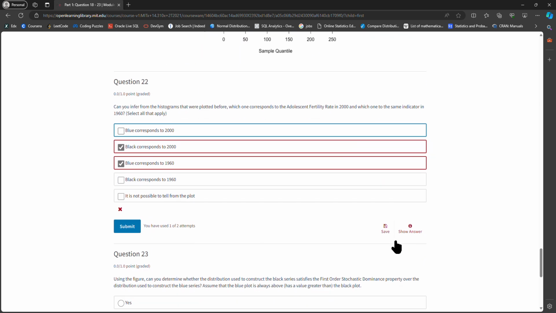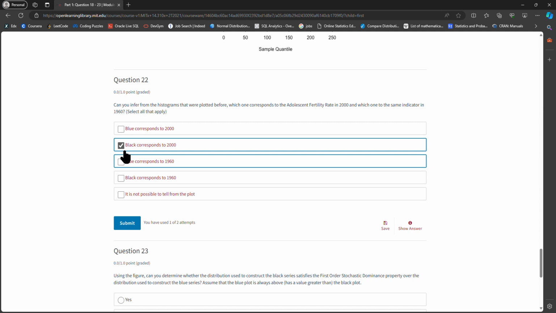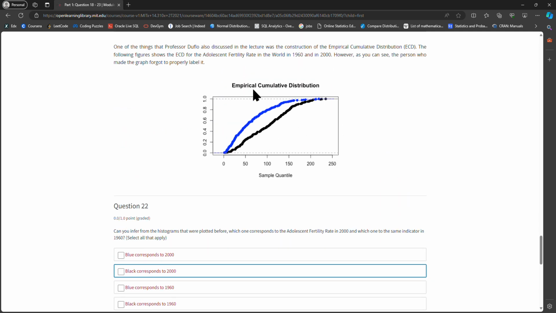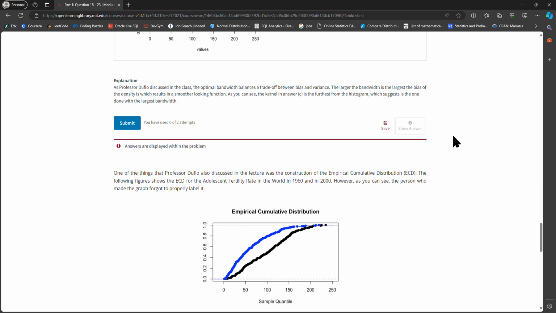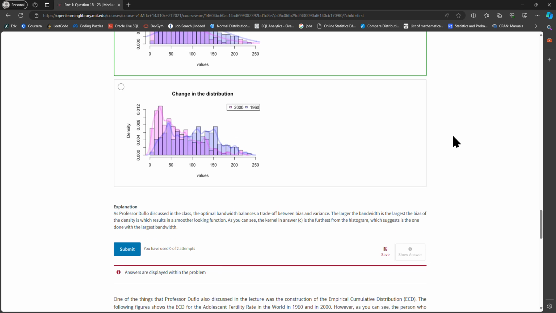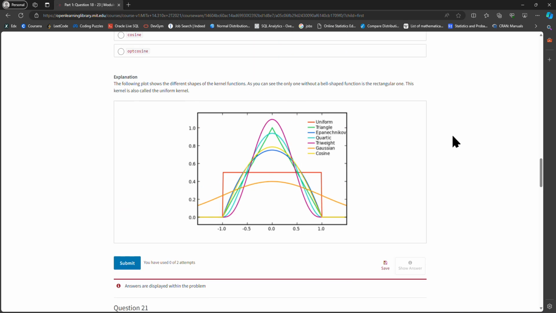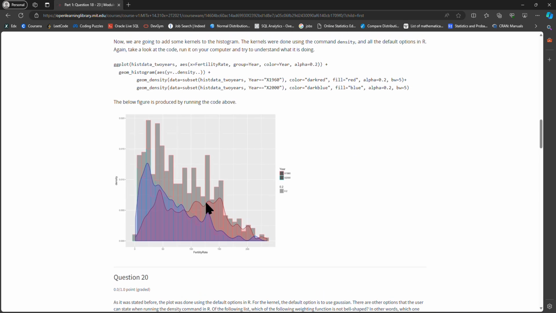Now, what we need to do is look at this graph and say which one corresponds to 2000 and which corresponds to 1960. For this, we need to go back to our previous chart, this one, and take help from that. Here we have been told that there are two overlays.